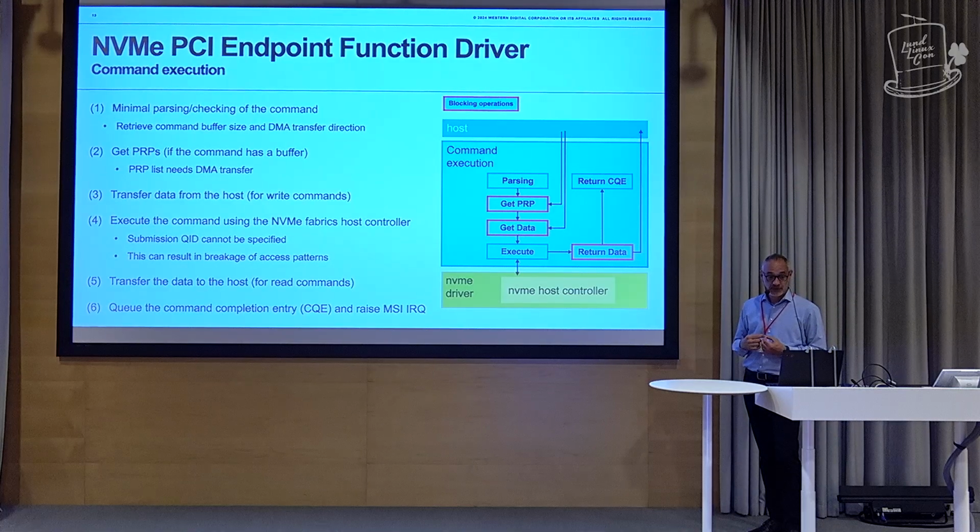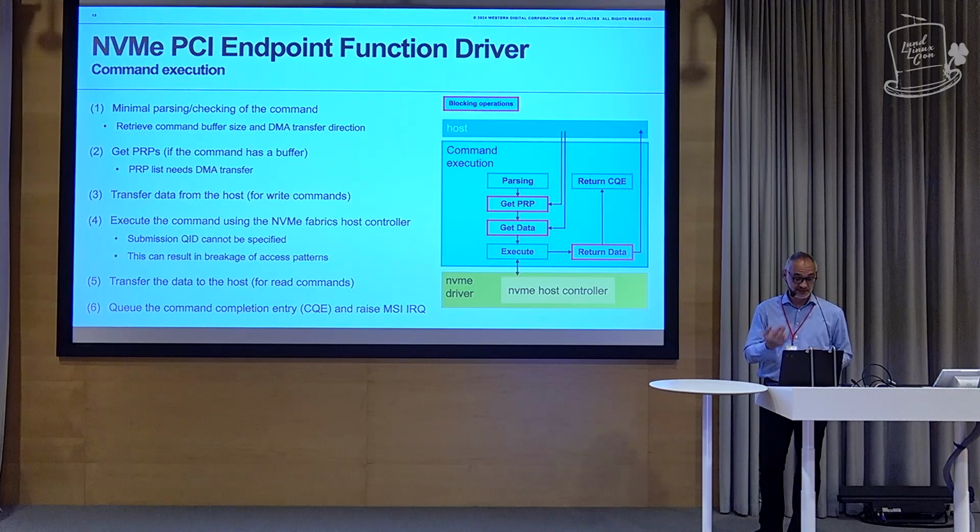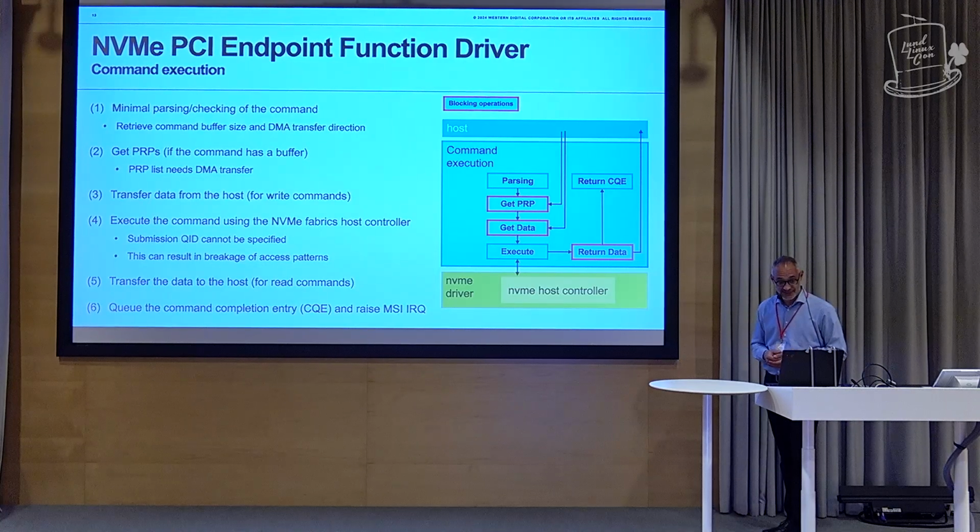If we are dealing with a write command, we get the data that we have to write, so there is a data transfer here. Step 4, we execute the command. And to do that, we simply pass it to the kernel host fabric controller. It does its thing. It executes everything.